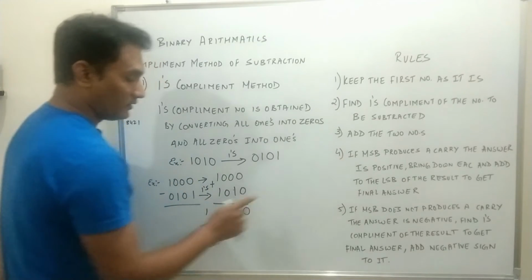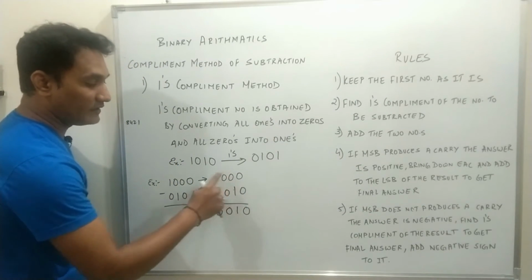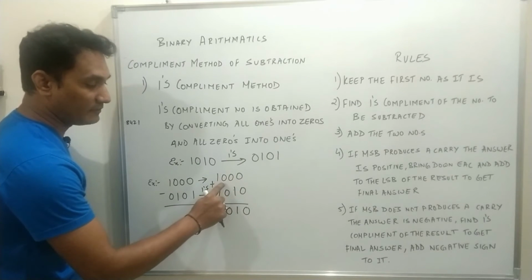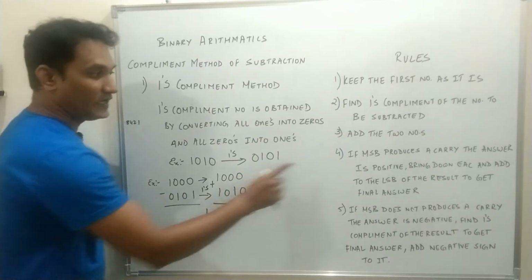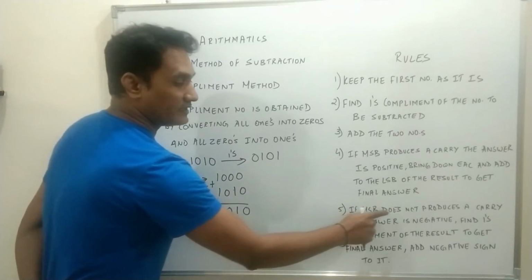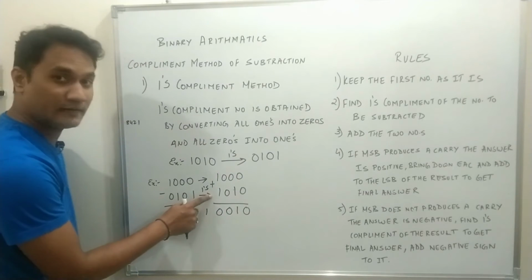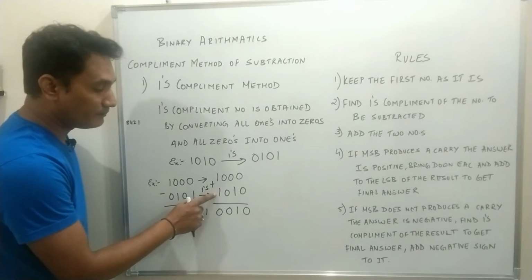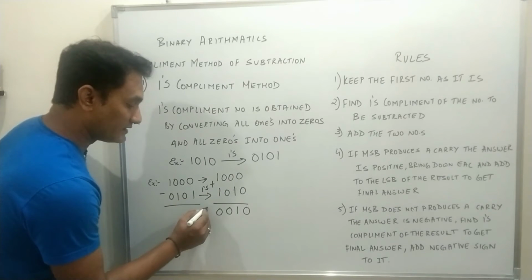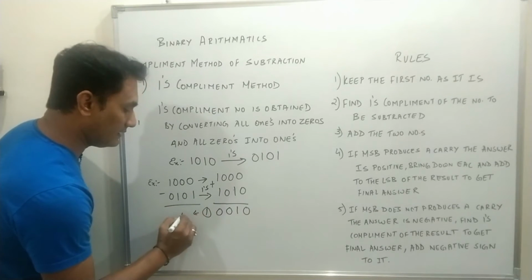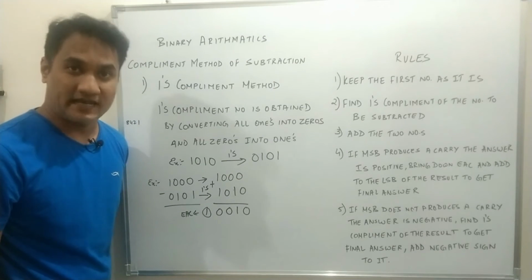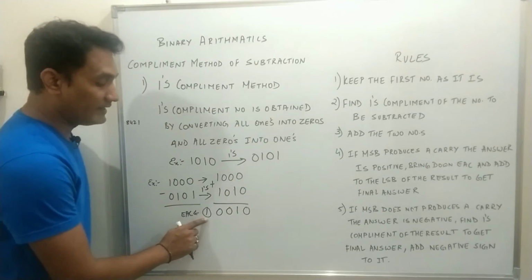Now in this case, where we did the MSB addition, see, this is the LSB, this is the next higher bit, the next higher bit, and this is the MSB. So we have to check if MSB produces a carry or if MSB does not produce a carry. In this example, the addition of MSB produces a carry, and this carry is called EAC, that is end around carry.